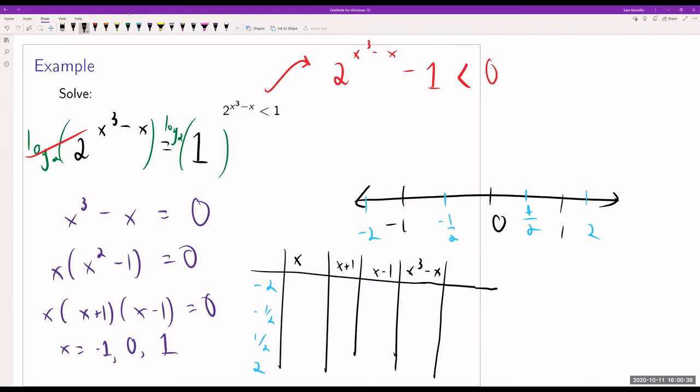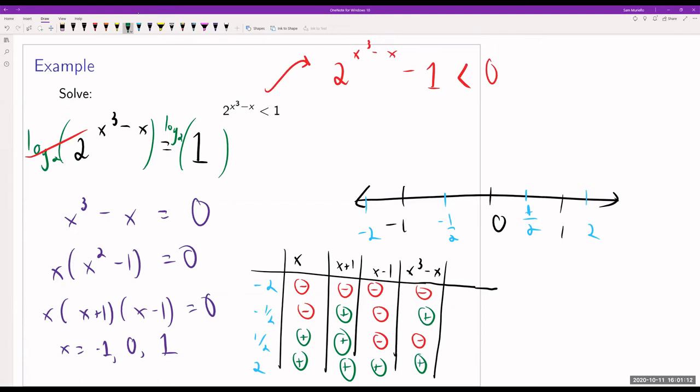So focusing just on this bit for now, if I'm plugging in -2, this will end up being negative, negative, negative, making the whole thing negative. The -1/2 will be negative here and here, but positive here, and 2 negatives makes a positive result. A 1/2 will be positive here and here, but negative here for a negative result. And 2 ends up being positive everywhere.